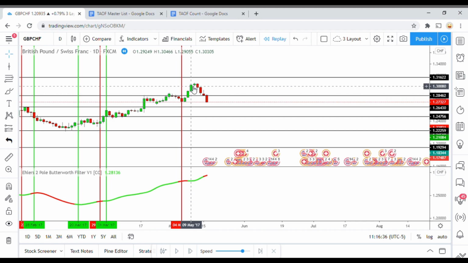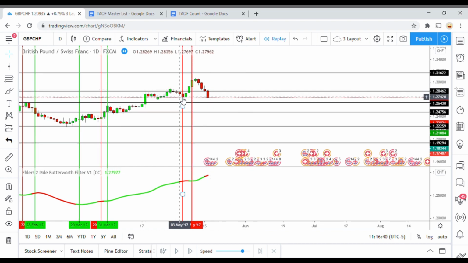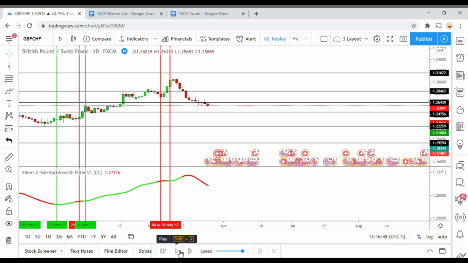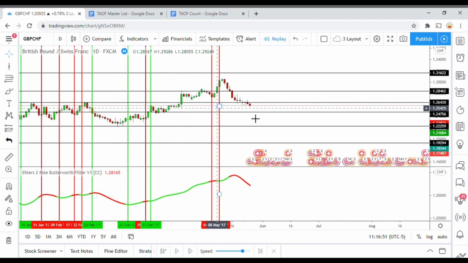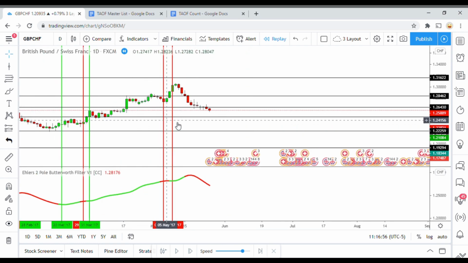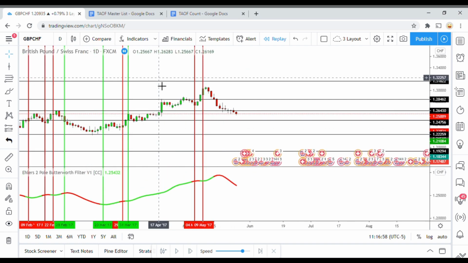All right, so pick up a long over here on this side, and almost immediately it drops right back out, and then it takes off short in the direction that we originally thought that this pair was going to go in, back here. A lot of the times what they'll do is they'll fake you out.